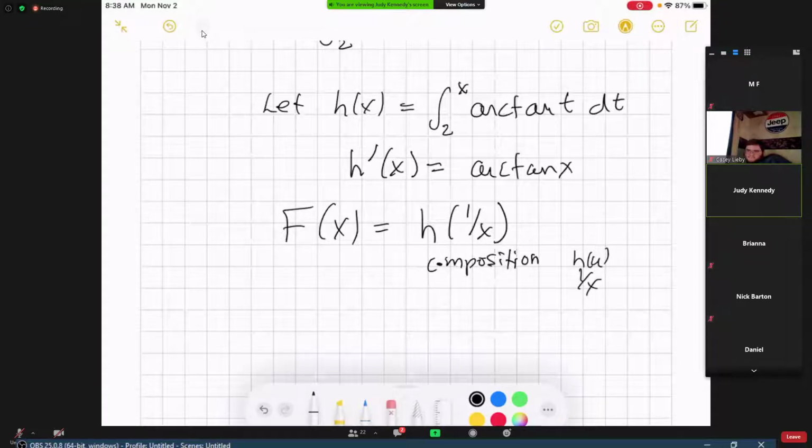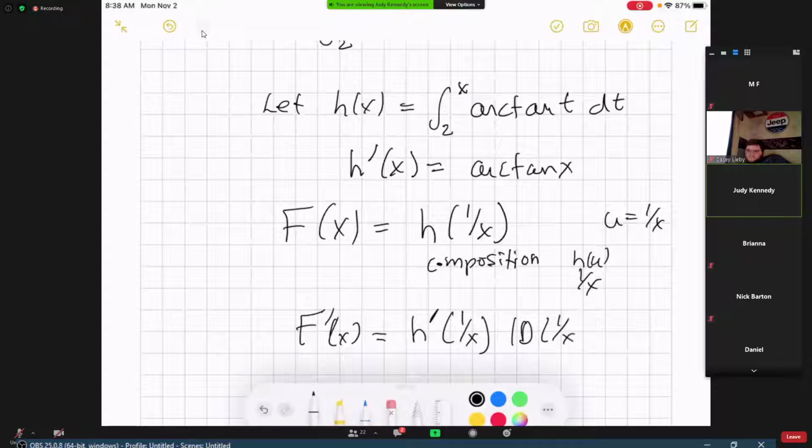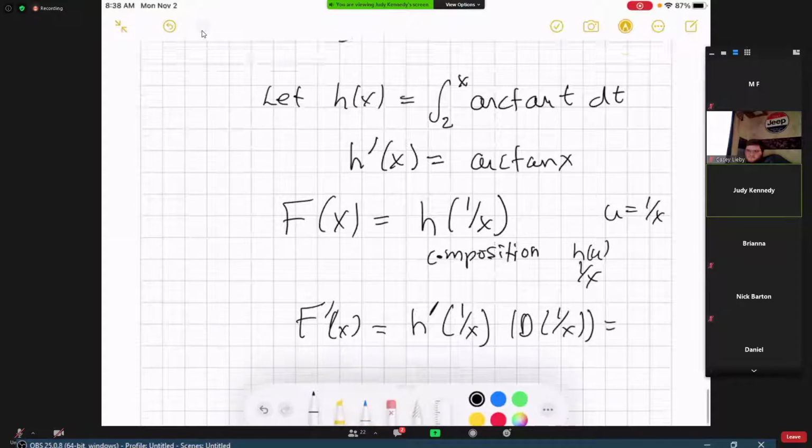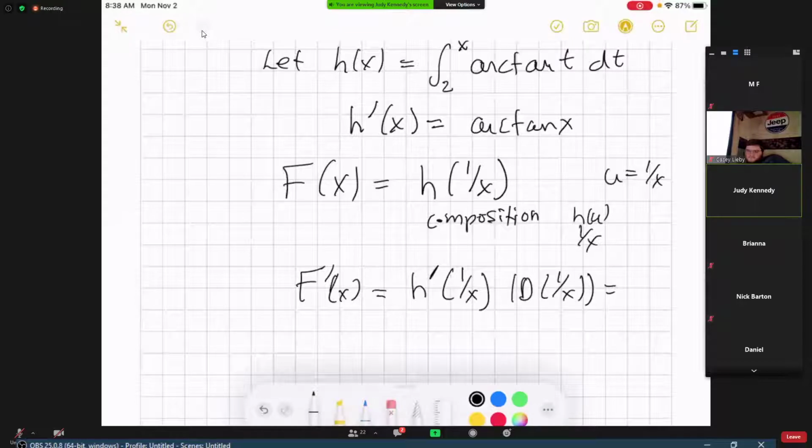Okay, we know that if we have a composition of two functions, the chain rule says that F prime is h prime applied to the inside function, which is u, times the derivative of the inside function. And that's h prime of 1 over x times the derivative of 1 over x. Well, 1 over x is x to the minus 1.